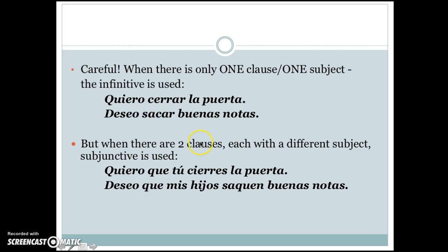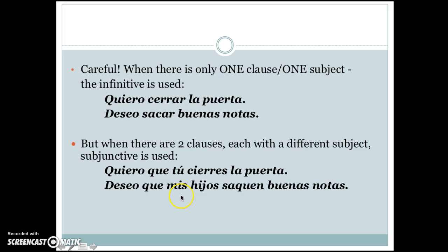But when there are two clauses, each with a different subject, and the first subject expresses uncertainty or subjectivity, we do use the subjunctive. Quiero que tú cierres la puerta. I'm doing the wanting, that you do the closing of the door. Just because I want you to doesn't mean that you will. So we use el subjuntivo del verbo cerrar, cierres.